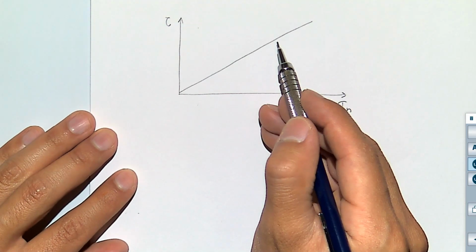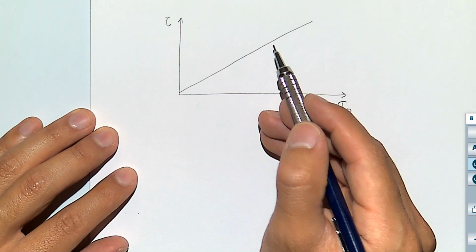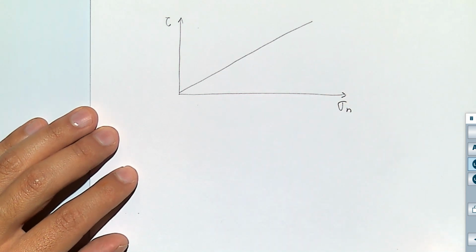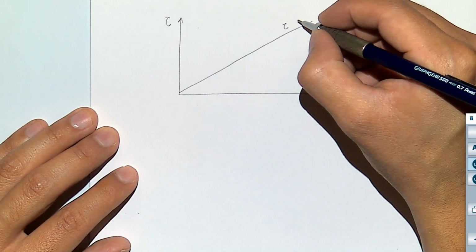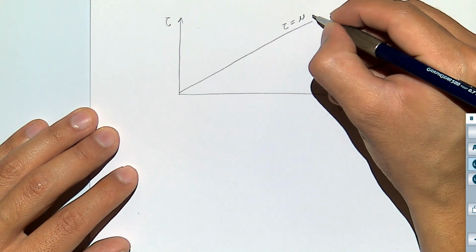Similar to this case, what this line is showing is the maximum shear stress that the material can hold before it fails. And the equation, as we said, is going to be this.